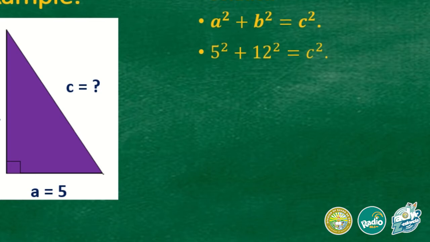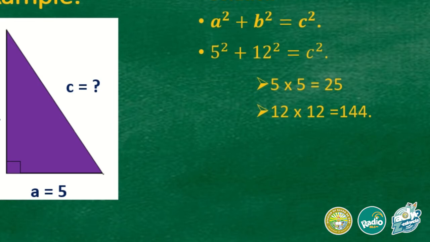Simplify by multiplying 5 and 12 by itself. 5 times 5 is 25, and 12 times 12 is 144. Just copy c squared.